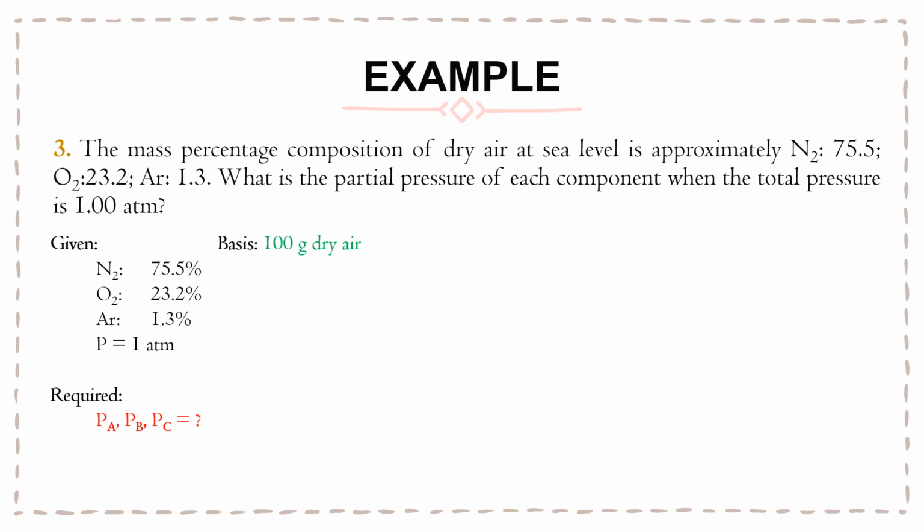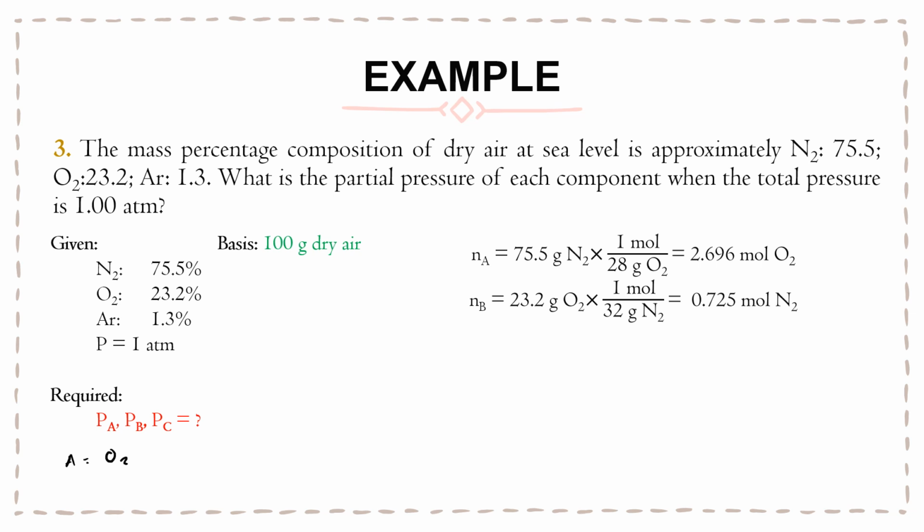Okay, partial pressure for A, let's assume that our A is oxygen. Okay, and then our B is nitrogen and C is your argon. Okay? Your argon.